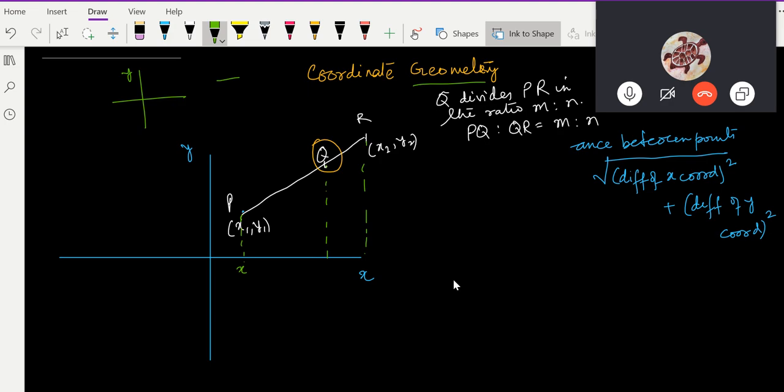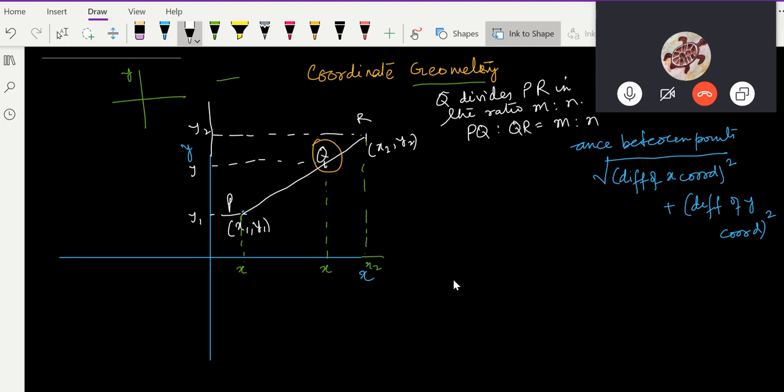This is x1. This is my unknown point, let me call it x, and this point is x2. Similarly, I can have y1, y, and y2.